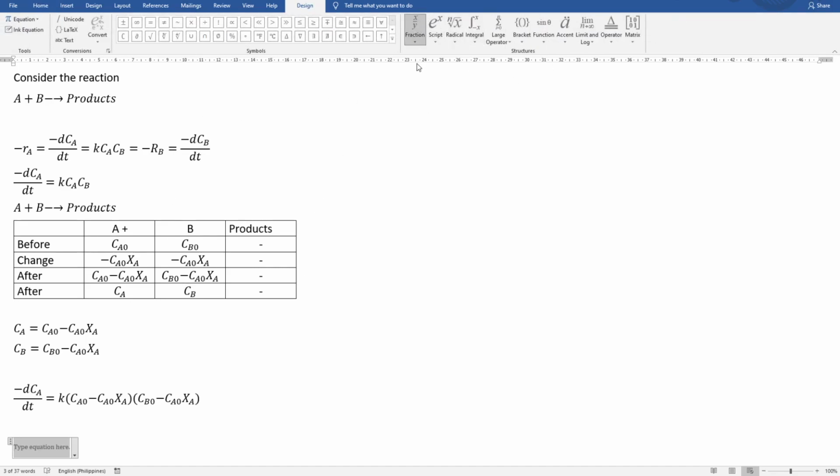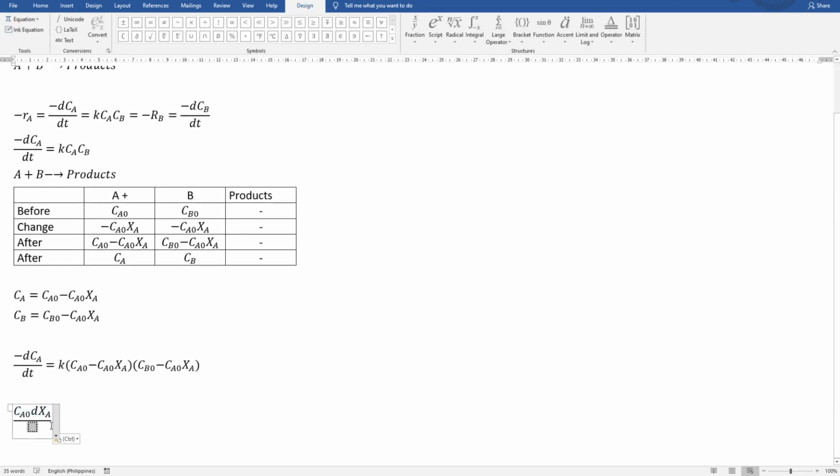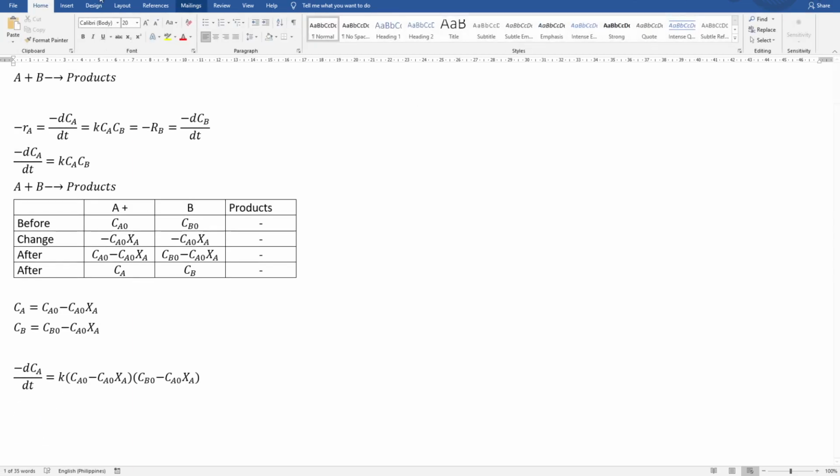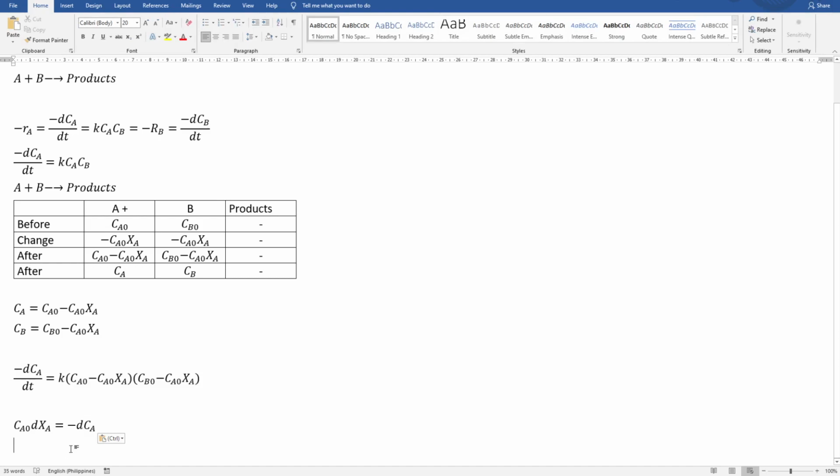We have CAO times dXA over dt, and that one is equal to negative dCA over dt.